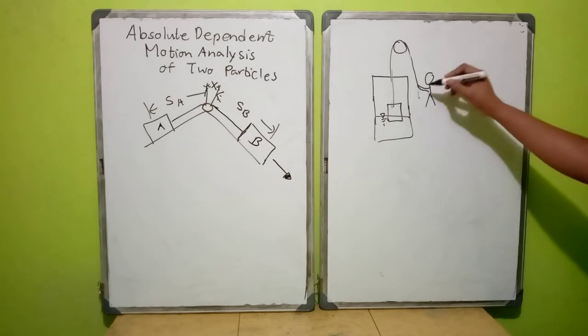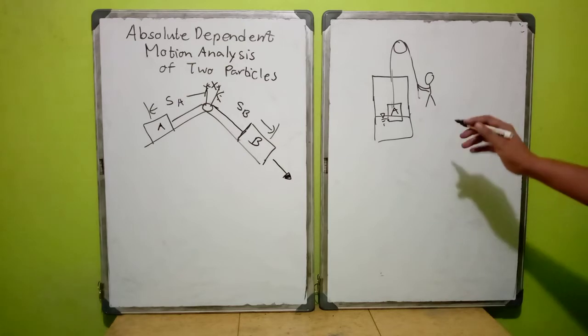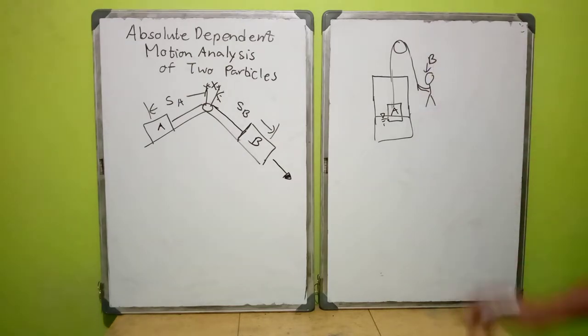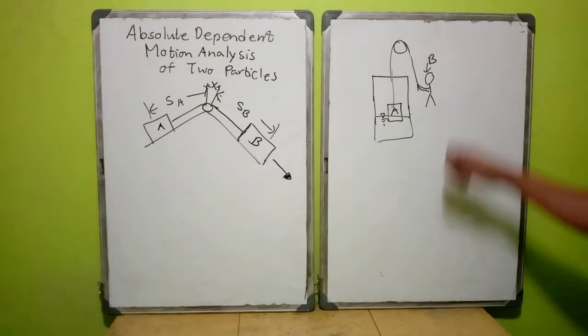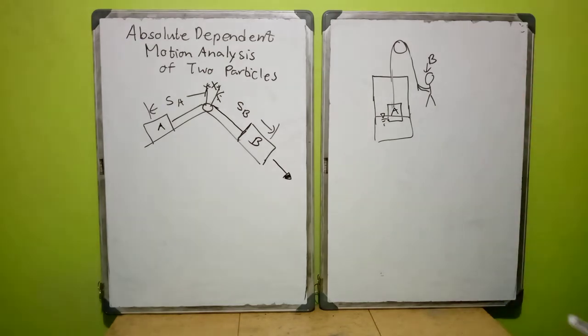Let us say your particle A will be the pail and your particle B is you. It doesn't mean that the two particles we are talking about are non-living things. You as a person could also be the particle.